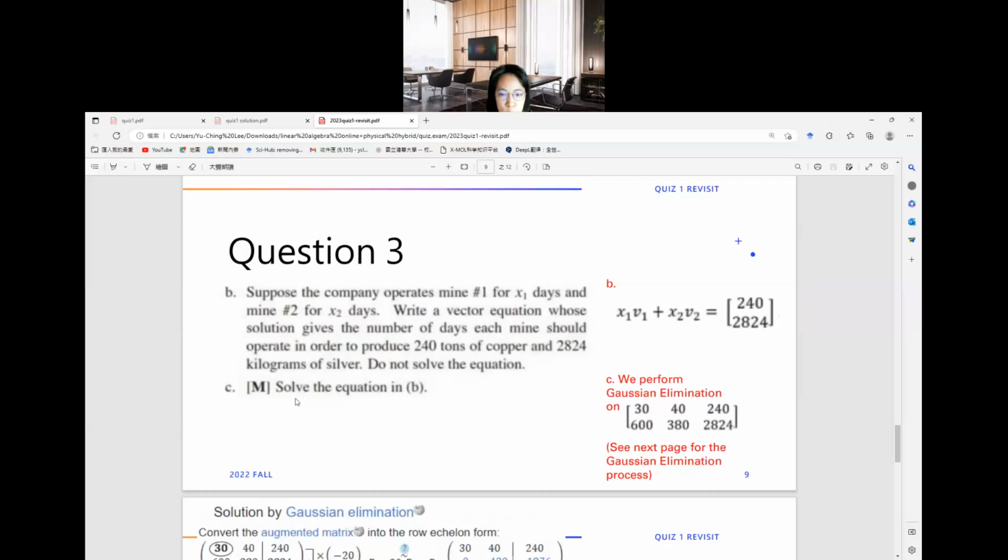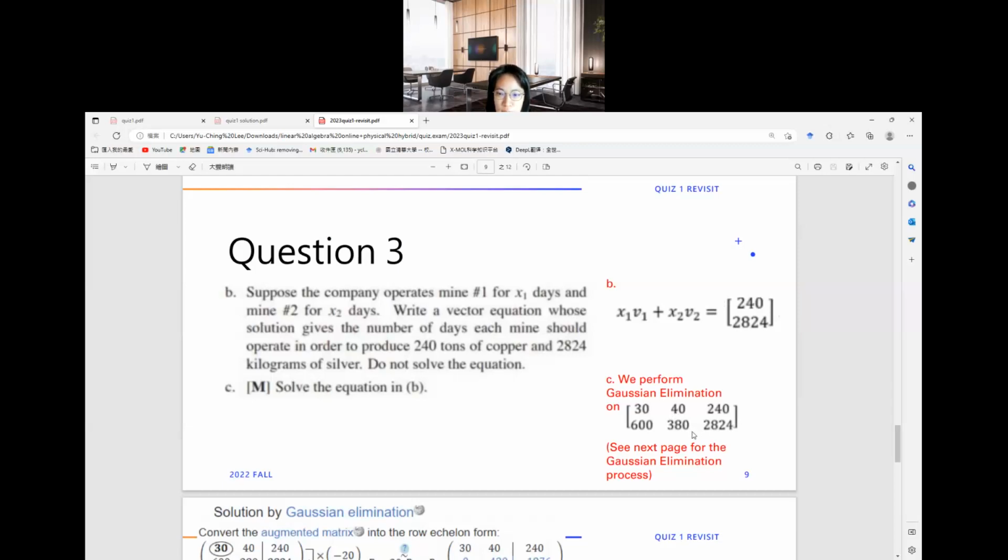Question C. Solve the equation in B. Since V1 and V2 are given vectors in the previous page, we can solve it as a linear system by putting V1, which is 30, 600, and V2, which is 40, 380. And we form an augmented matrix.